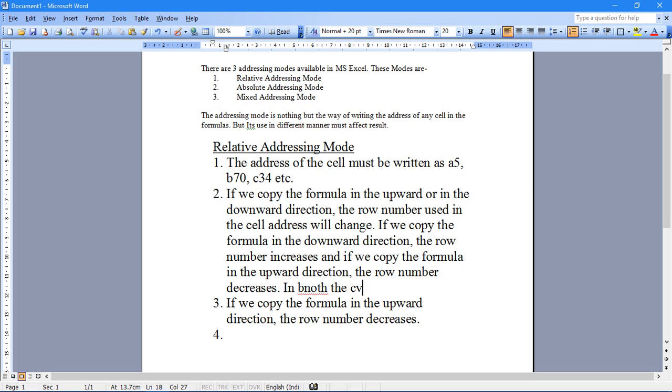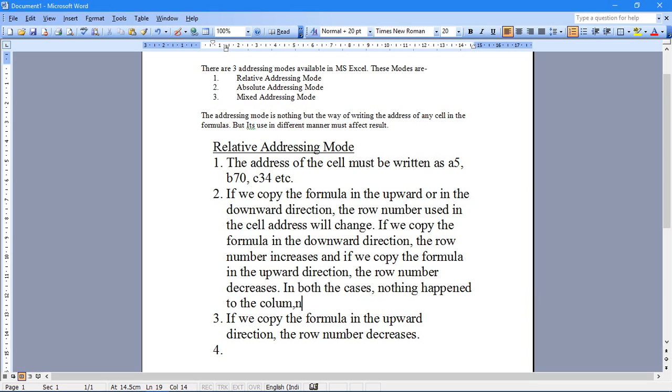In both the cases, nothing happens to the column name.